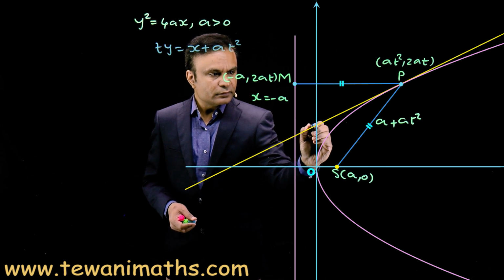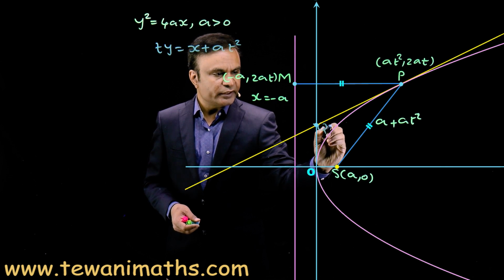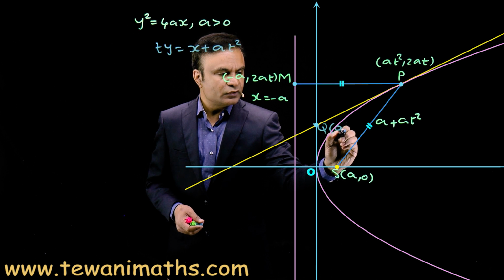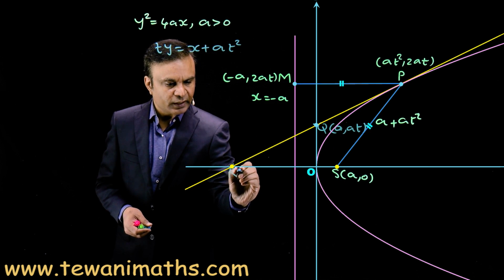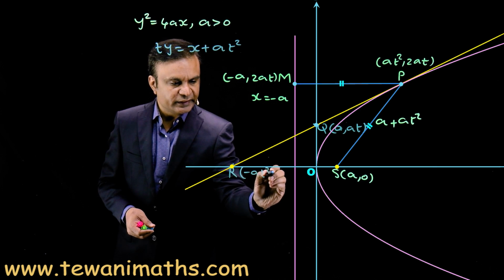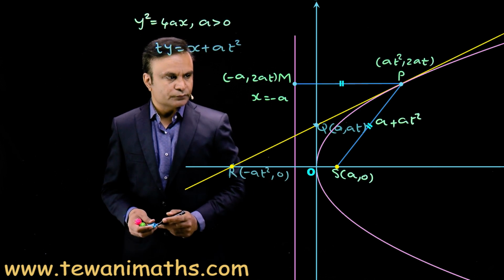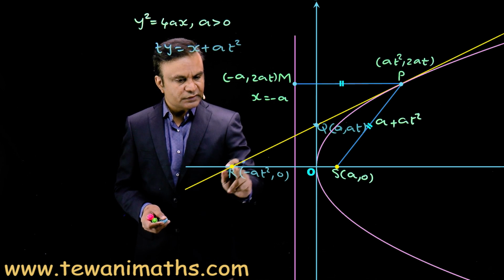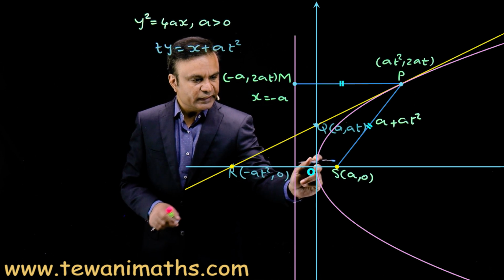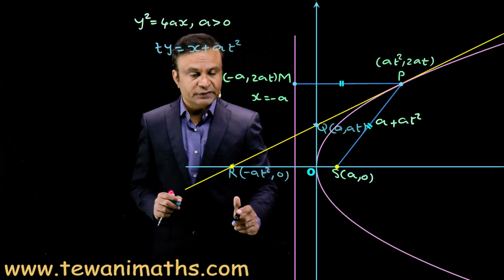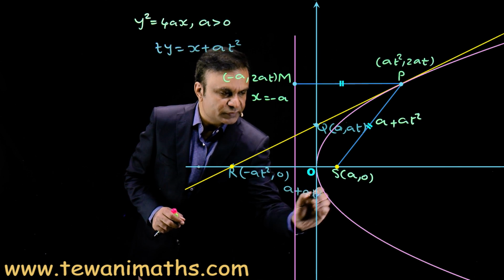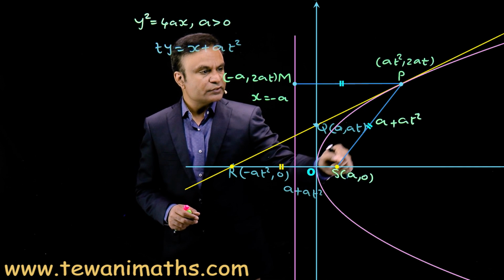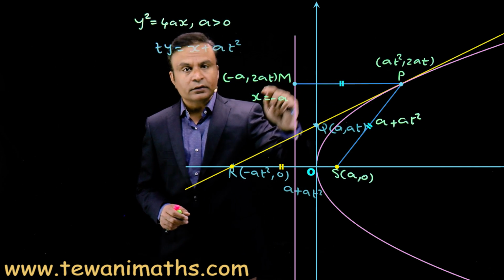This tangent meets y-axis at point Q having coordinates (0, at) and x-axis at point R having coordinates (minus at square, 0). Now what is distance RS? This distance is a and this distance is at square. So distance RS is a plus at square. This is same as these two distances SP and PM.